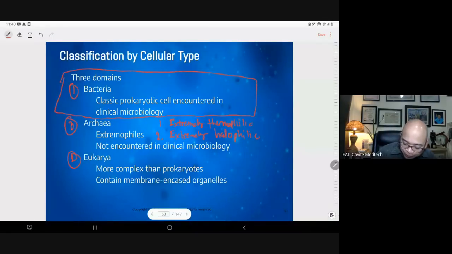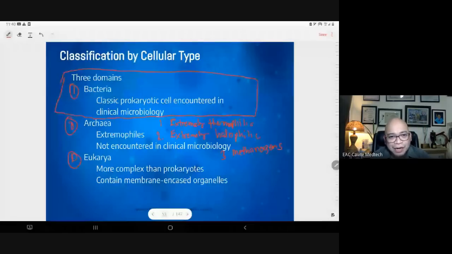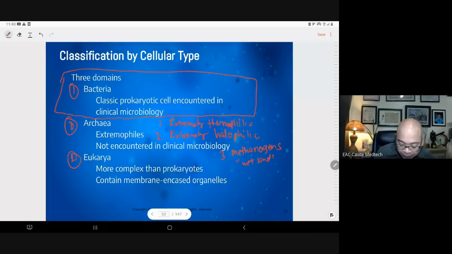And the third one would be the methanogens. And when you say methanogens, this particular archaea lives in an environment with a very high methane gas, such as in wetlands. Okay, so these are examples of the archaeobacteria.